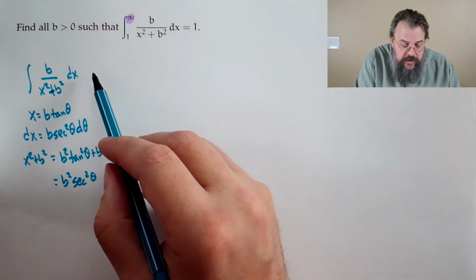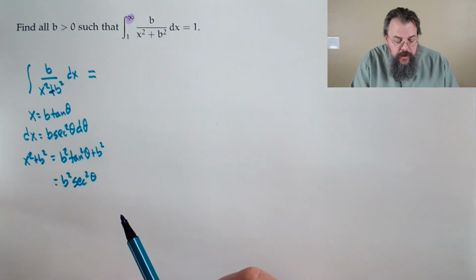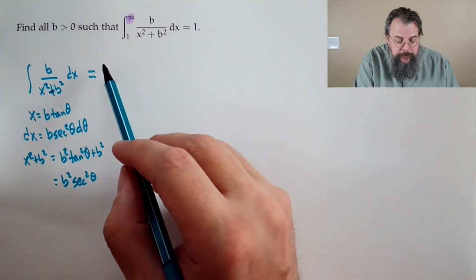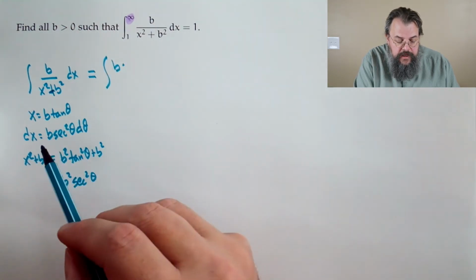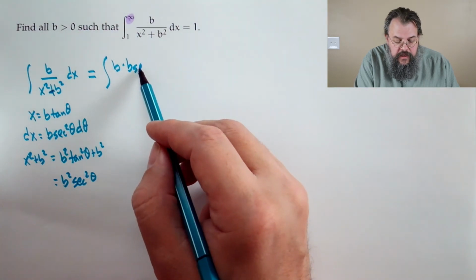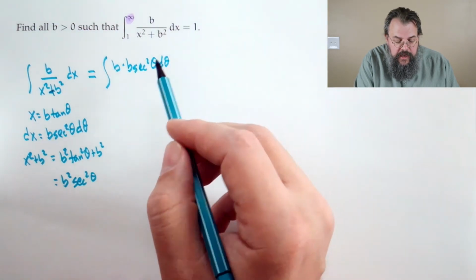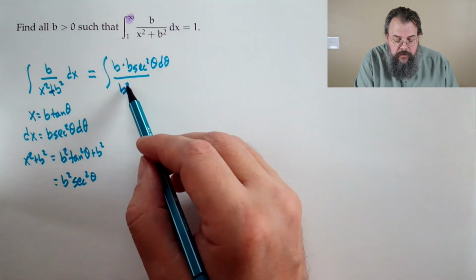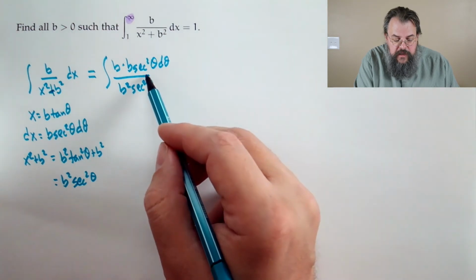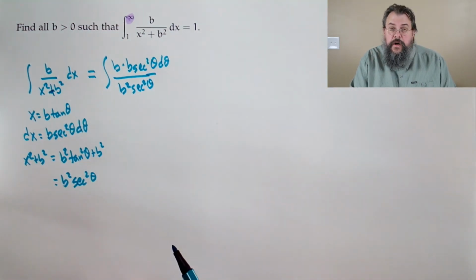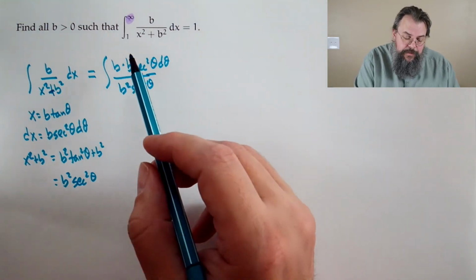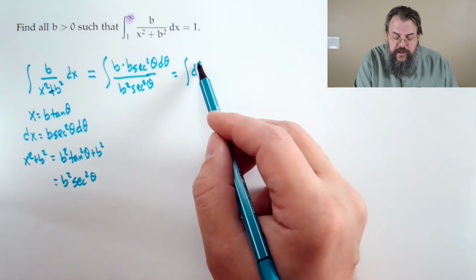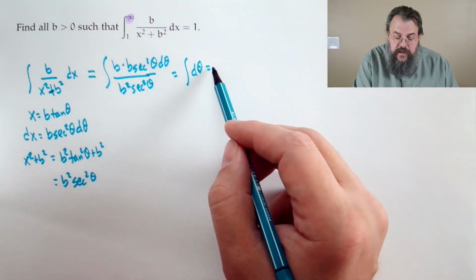So this integral becomes: we have the b here, and then there's a b secant squared theta d theta. Downstairs, the x squared plus b squared becomes b squared secant squared theta. And then we look and say, whoa, nice. The b squareds cancel, the secant squareds cancel, which means it's the integral of d theta, which is theta.